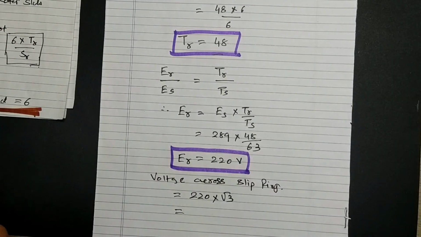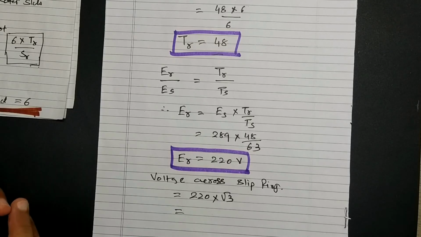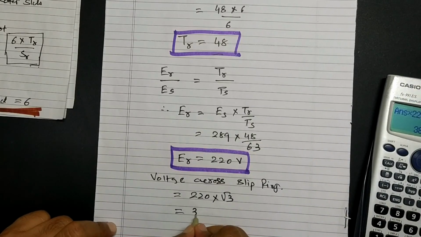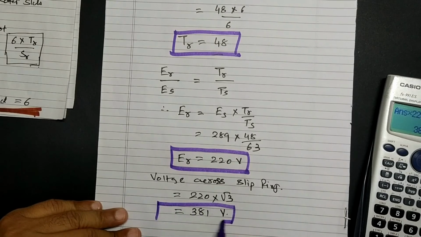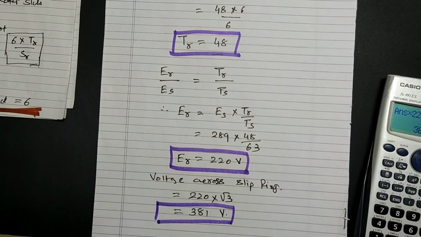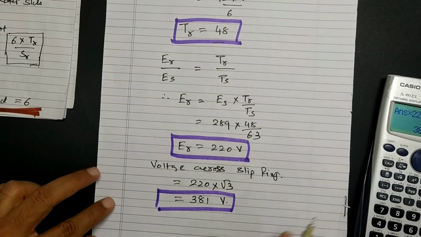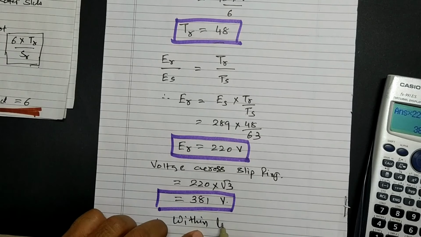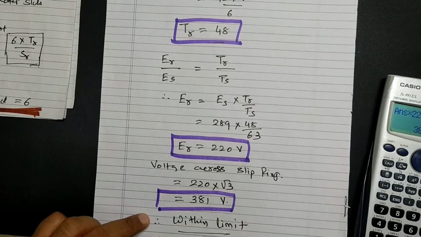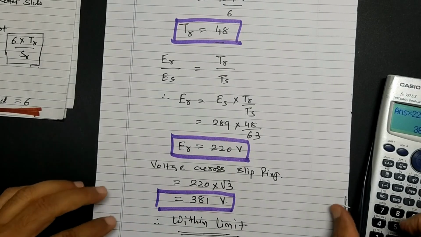This voltage should not go beyond 400 volt, that is the maximum voltage constraint. So it is 381 volt, which is less than 400 volt, right? So it is within limit. So this calculation is valid.